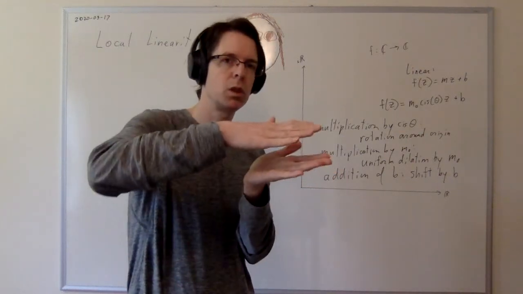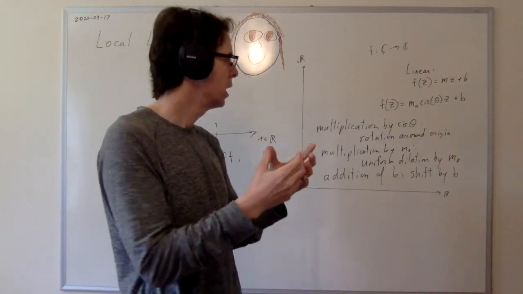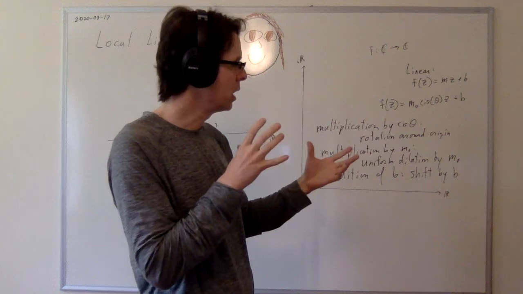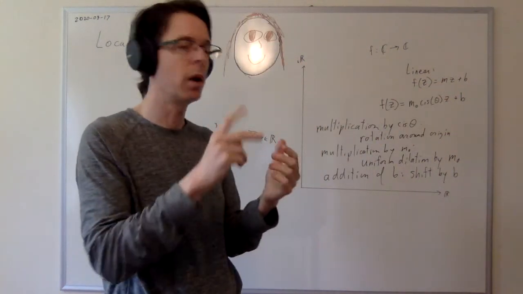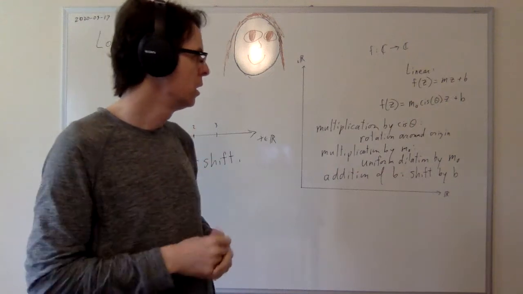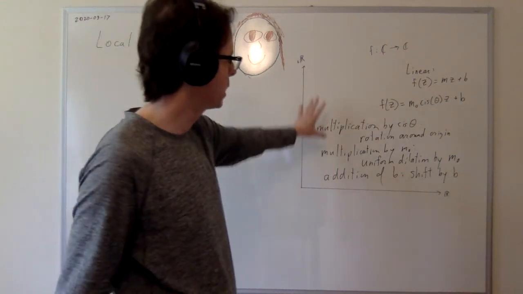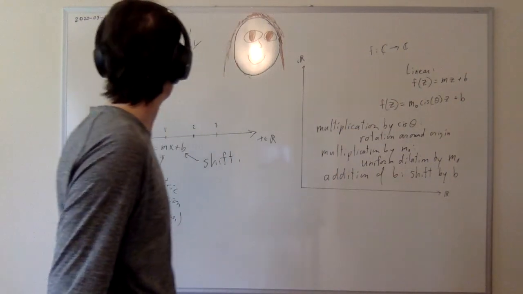So if something is getting squished in one direction, it can be contracted in all directions and still be locally linear and still be complex differentiable, but it won't be squished in one direction and stretched out in another direction in a way that would change the angles between certain lines or rays. So that's the expectation of the geometry of locally linear functions on the complex plane.